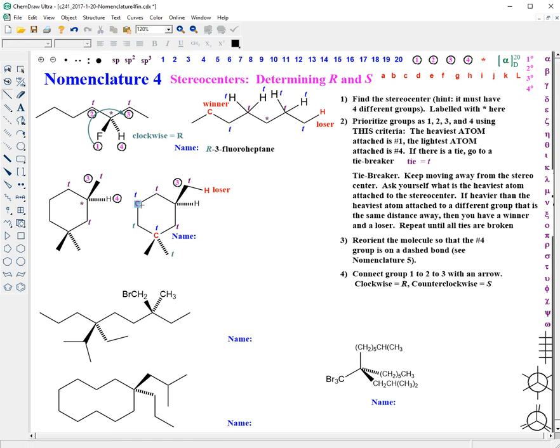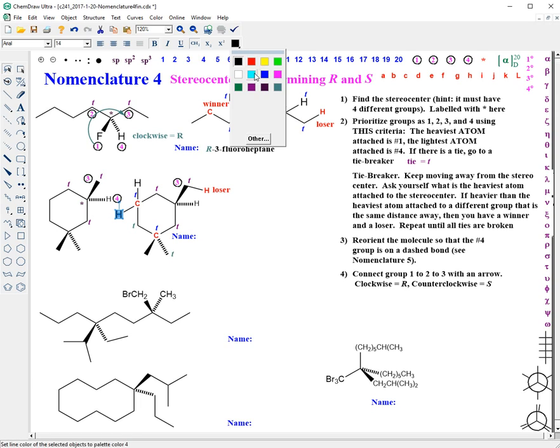Go back to the red C. These are H's. We only need one of them to prove that we have a loser. What is that H attached to? From a blue labeled tied carbon.